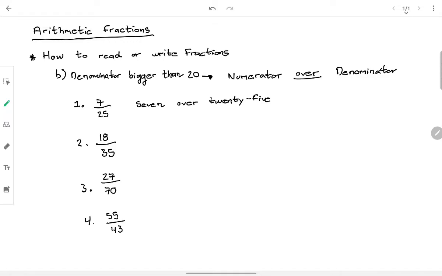In the second one, we have 18 over 35. In the third one, we have 27 over 70.